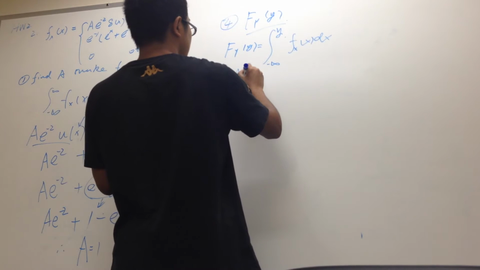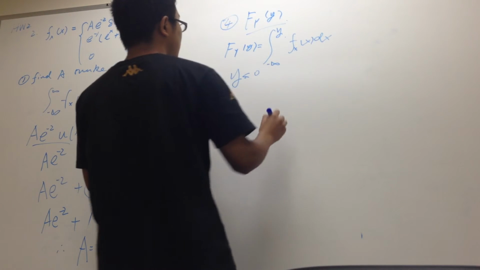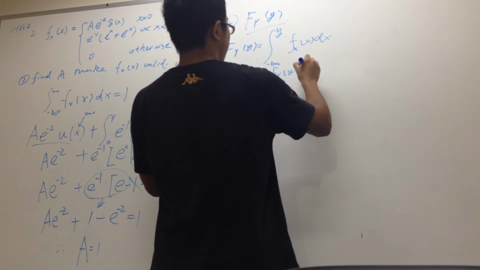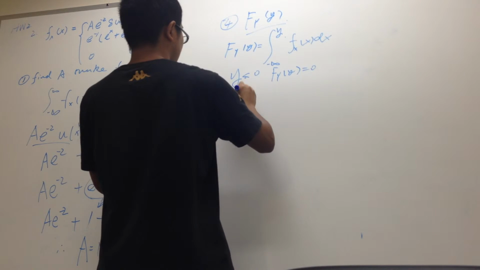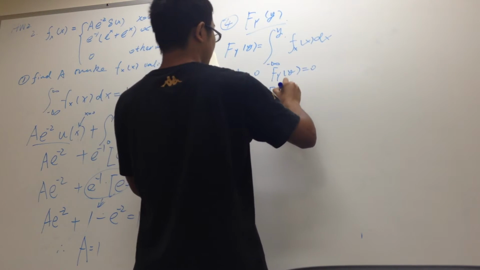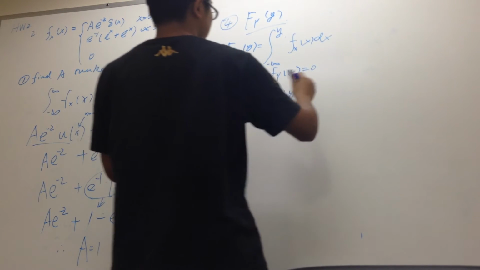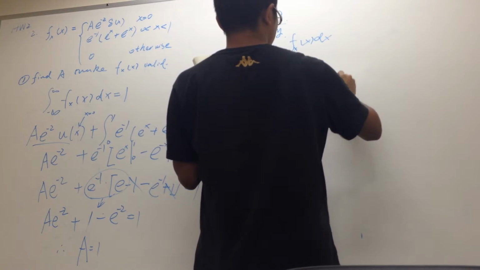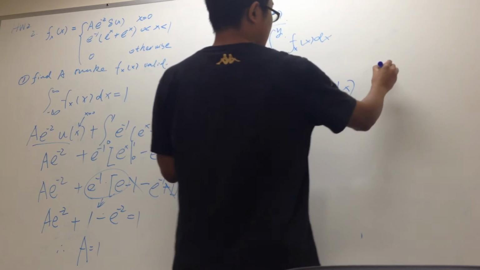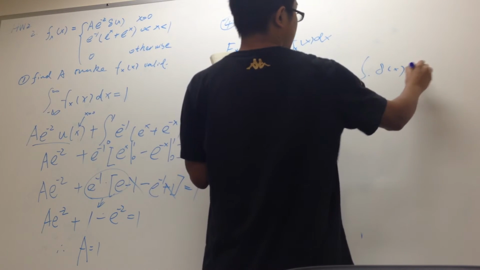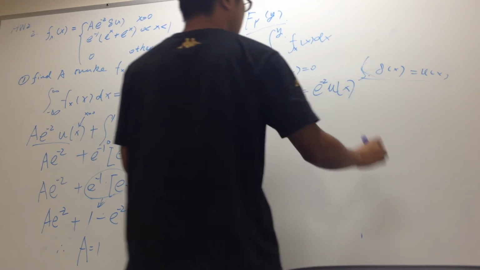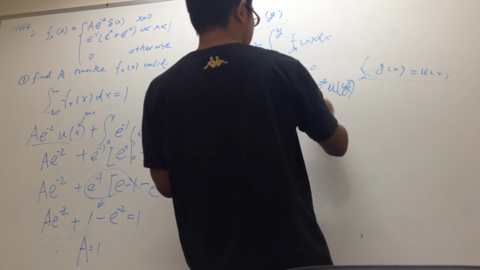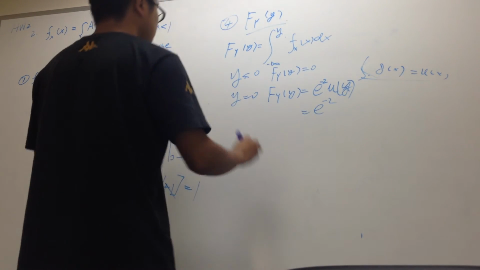When y is less than 0, we have F_Y(y) equals 0. When y equals 0, this equals e minus 2, because the integral of delta(x) equals u(x).